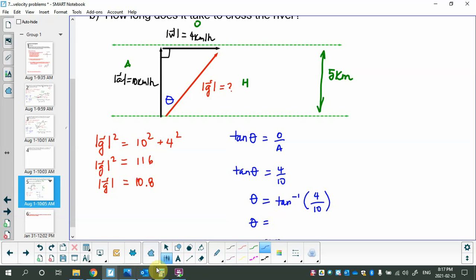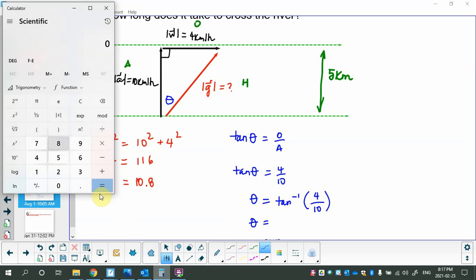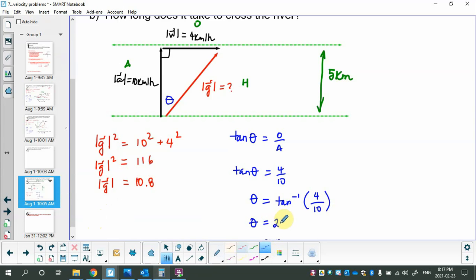And I'll come out with a theta. So 4 divided by 10 equals 0.4. Second function, tan, I get 21.8 degrees. So this is 21.8 degrees. This is 10.8 kilometers per hour.